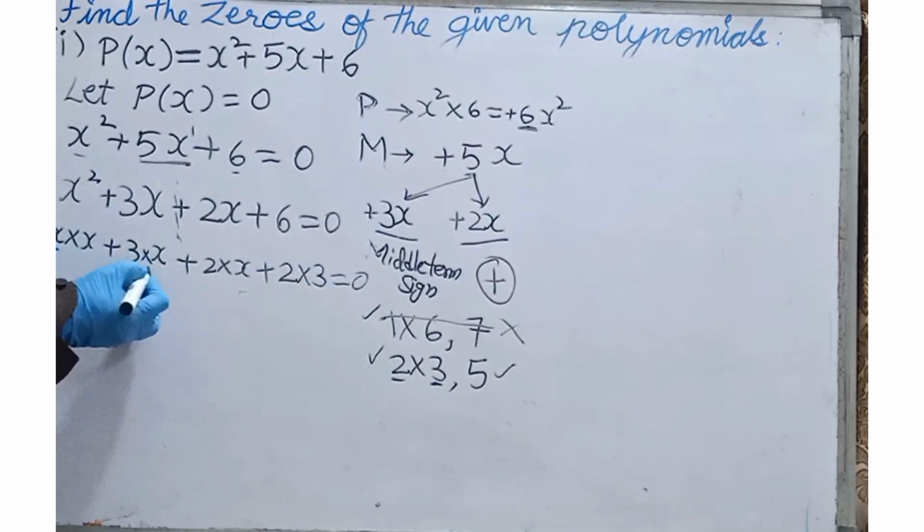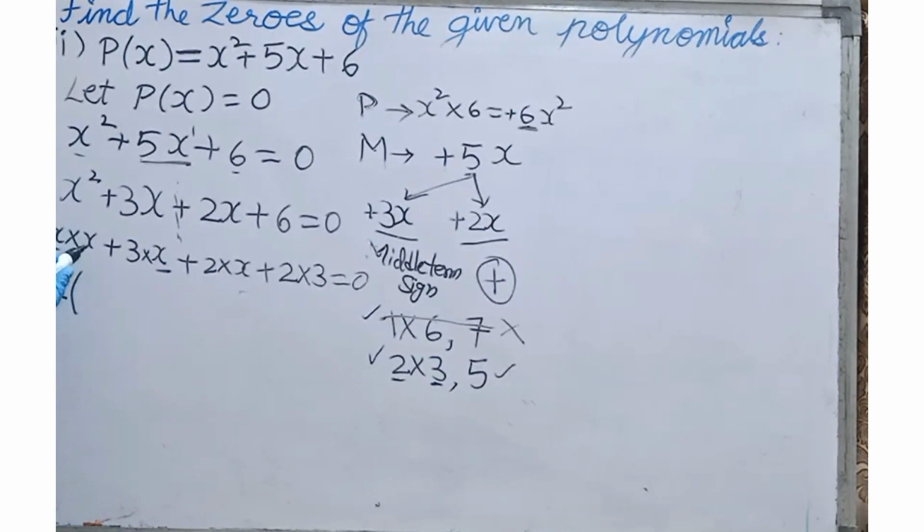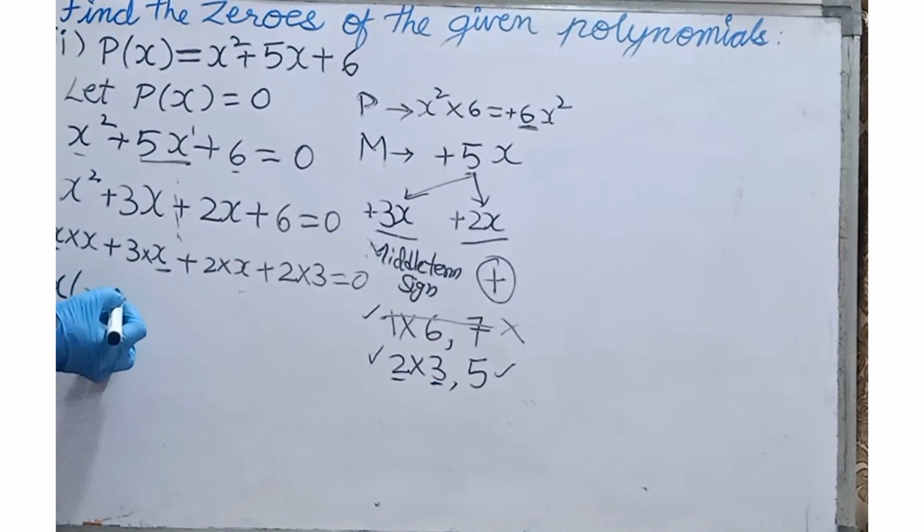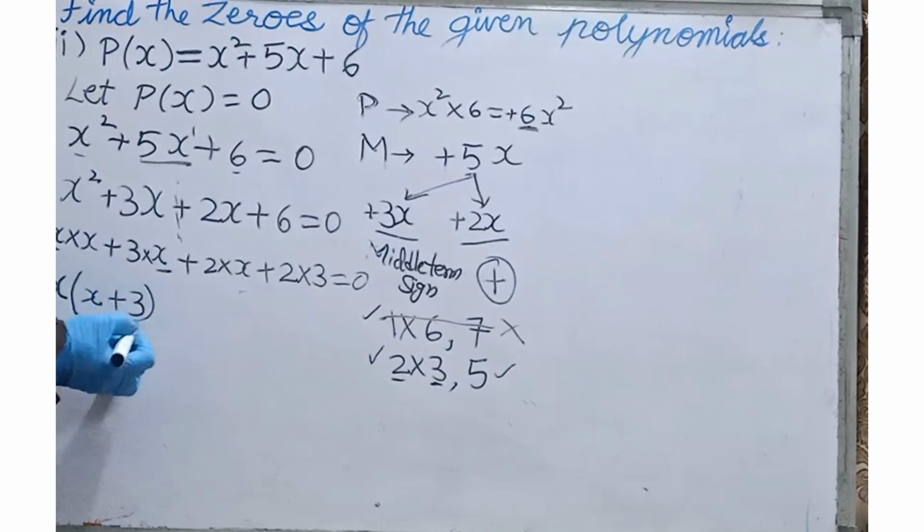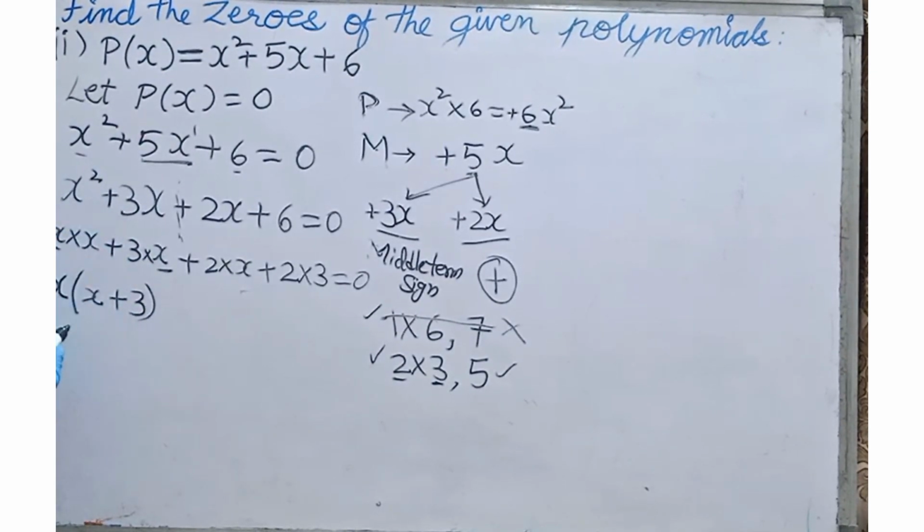So here x is common, that is, x is there here also, here also. So I'll take x common. Then what is left, we'll write that in brackets. So here one x is left and here 3 is left. By the distributive property we get this.